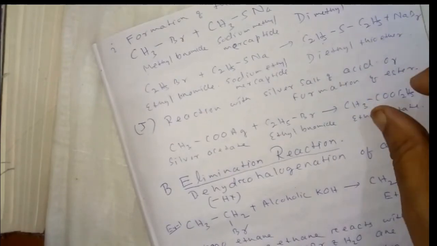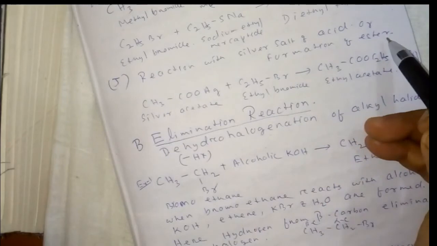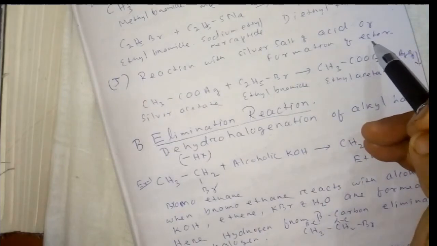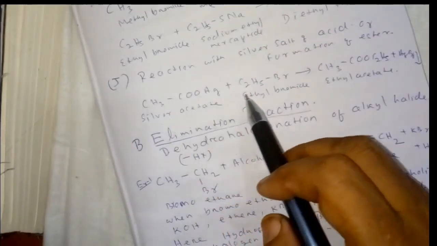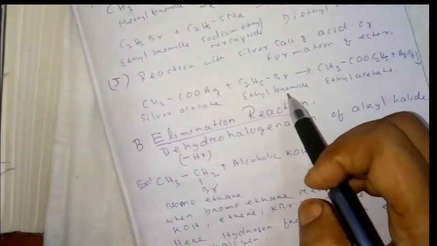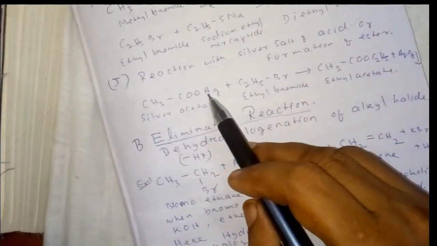Reaction with silver salt of acid, or formation of ester. In the ester chapter we will also read it. CH3COOAg, silver acetate, plus C2H5Br, ethyl bromide, will give CH3COOC2H5.